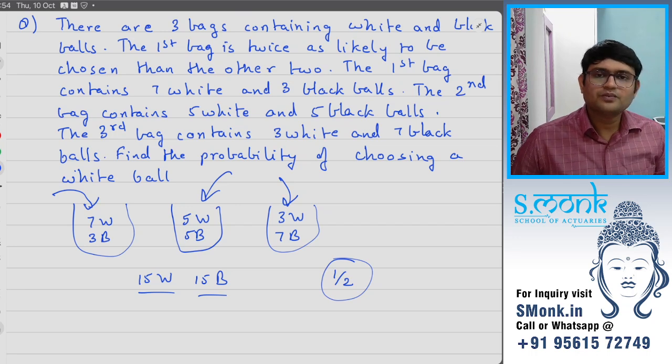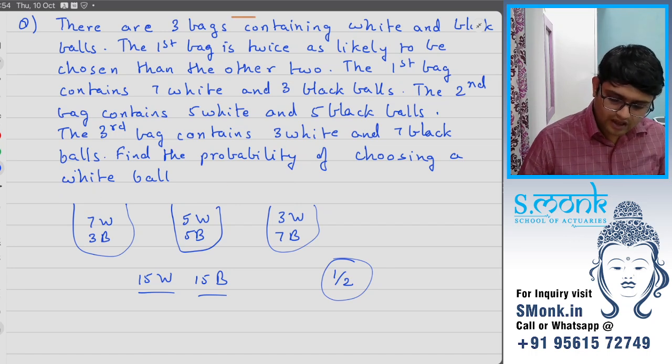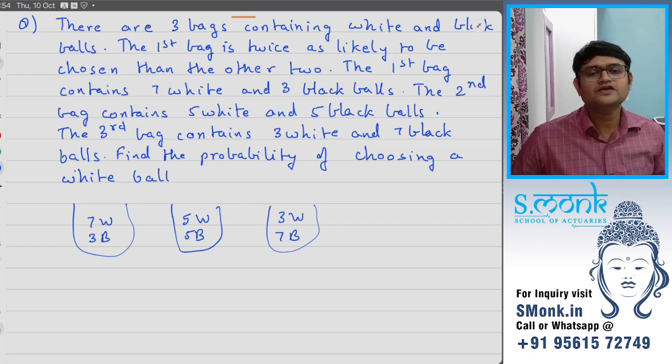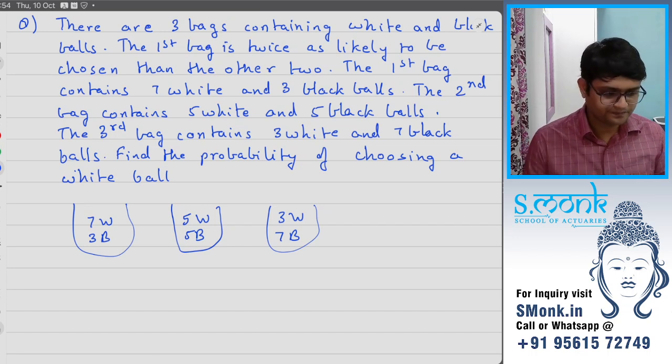So the bag that you choose would influence the probability of getting a white ball, right? So in total, if I want to find what is the probability of choosing a white ball, I will have to take into consideration the probabilities of choosing these bags as well.